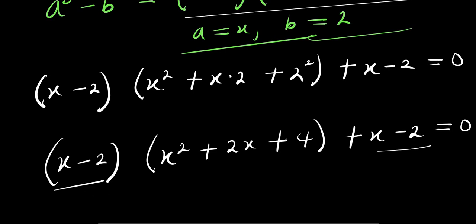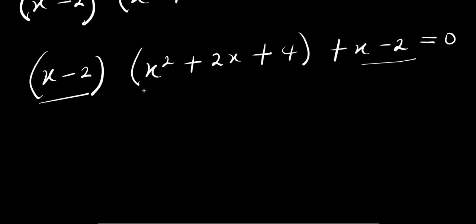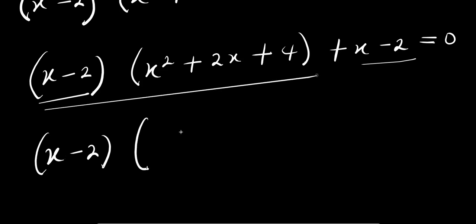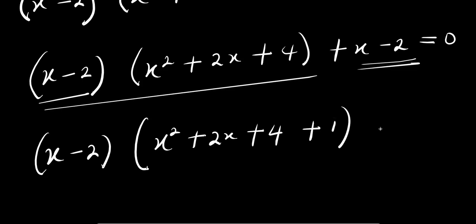x minus 2, I can factor that out. I will have x minus 2 times this divided by x minus 2. I have x squared plus 2x plus 4 plus x minus 2 divided by x minus 2, which is 1, equals 0.